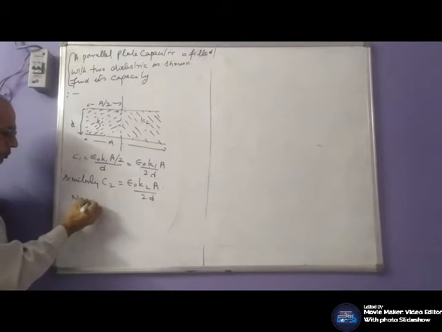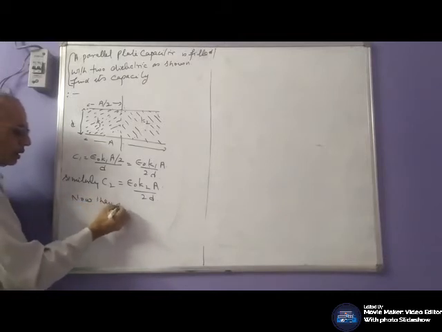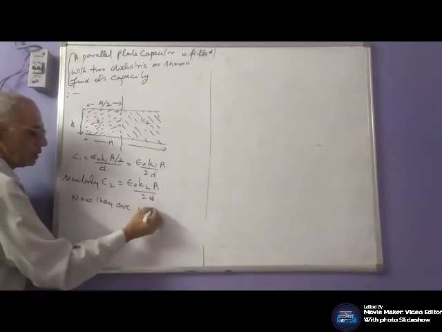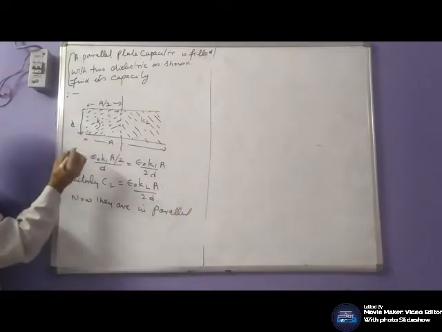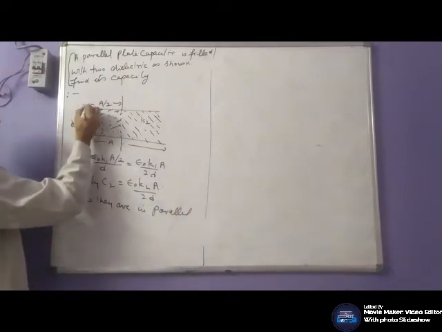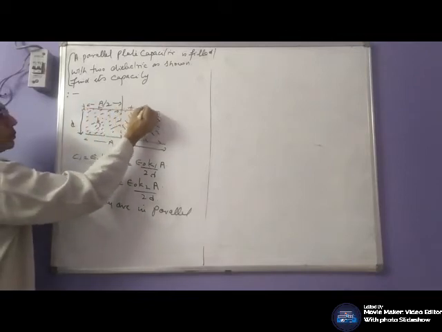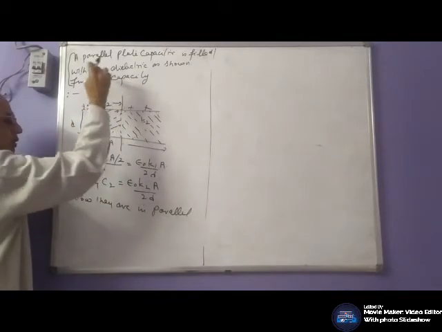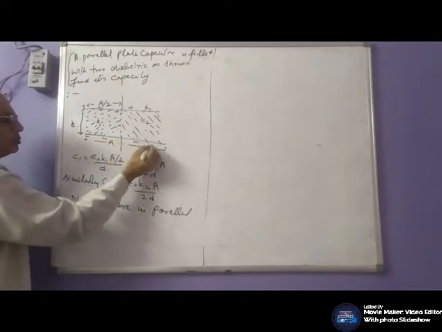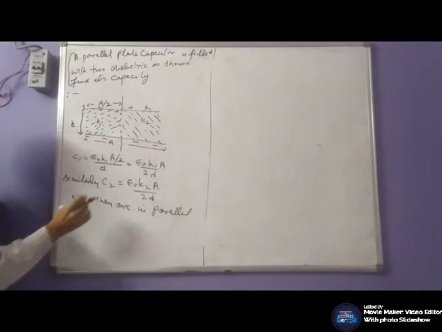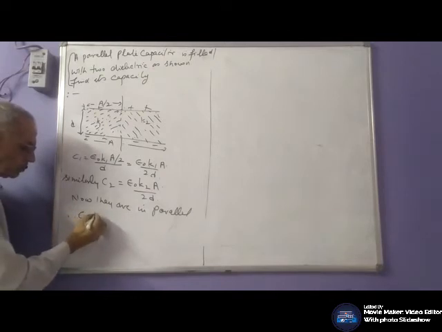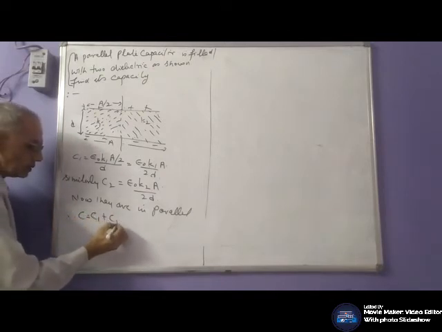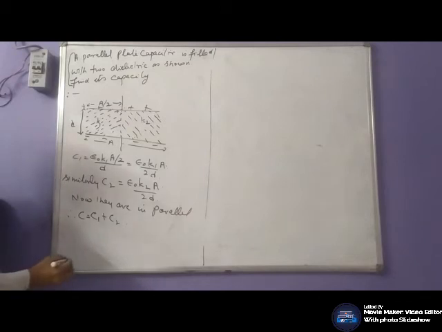Now, they are in parallel. Why they are in parallel? Suppose it is plus. So plus is connected with plus, then this will be minus. Minus will be connected with minus, so they are in parallel. Therefore C1 plus C2.